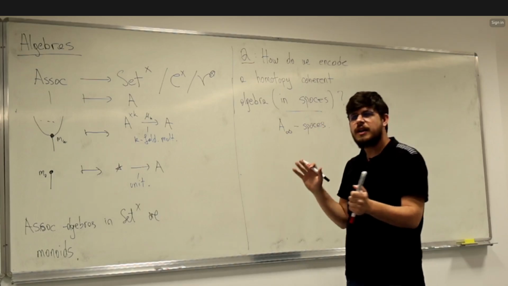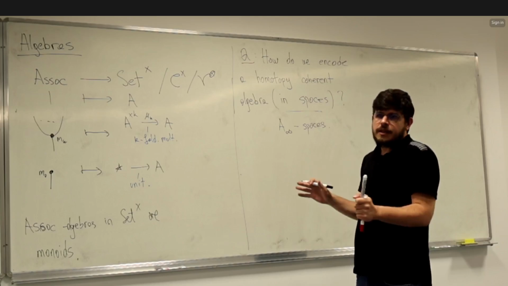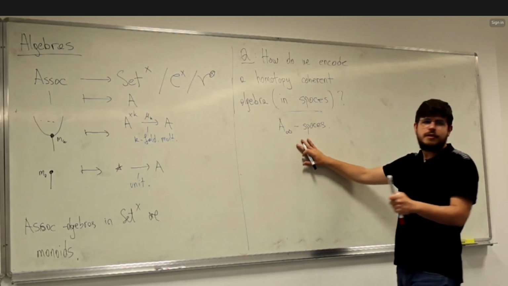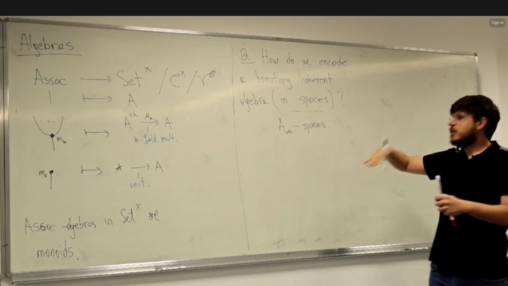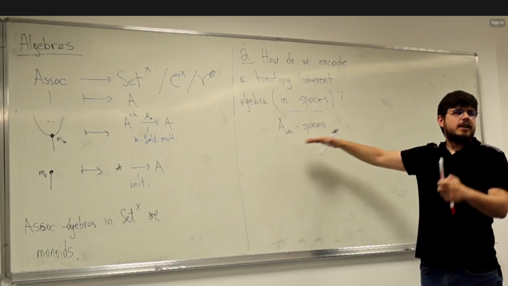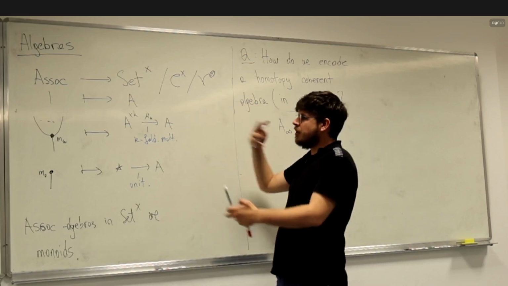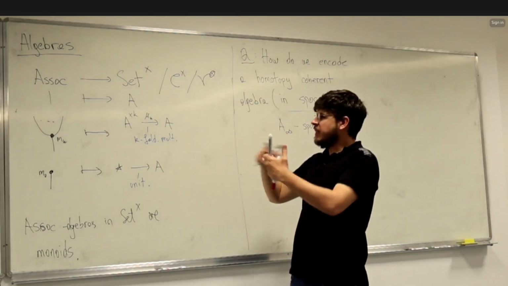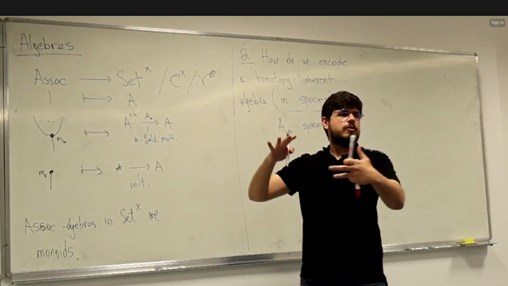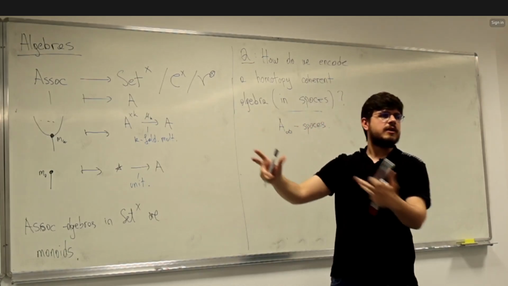Sorry, what? By what you mean Assoc algebras? Yes. So homotopy coherent Assoc algebras are supposed to give us a notion of A infinity space. So we want a notion of algebra which doesn't strictly commute and which gives us things up to homotopy. Right?